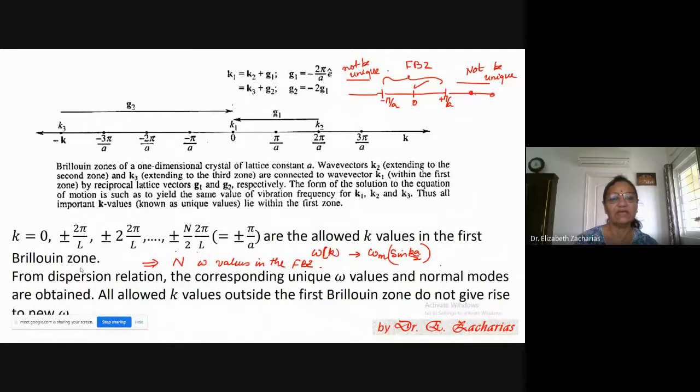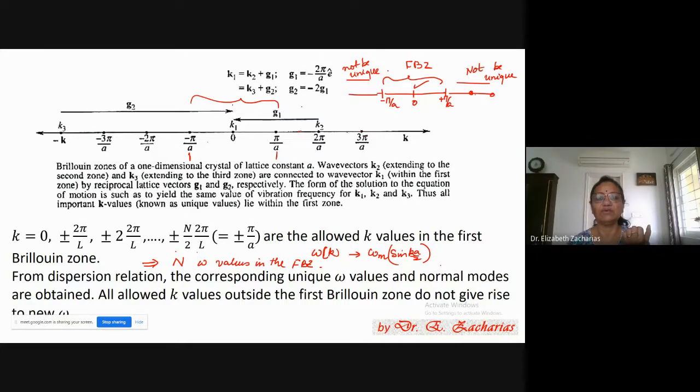The minute you jump out of the first Brillouin zone, any k that you take is going to give rise to an omega which already exists inside the first Brillouin zone. That is not difficult to show, because it is after all a sine function.